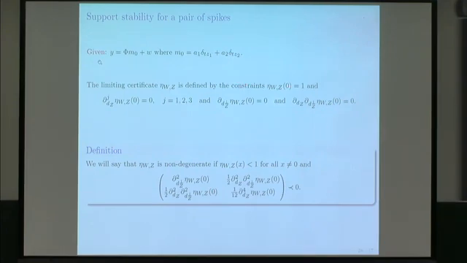It needs to take value 0 at 1, and you vanish the first, second, and third derivative along the direction dz, where dz is z1 minus z2, the direction along which your spikes are aligned. You vanish the first derivative along the orthogonal direction, and you also have that this mixed derivative vanishes. So this is the definition of eta_0^{WZ}.